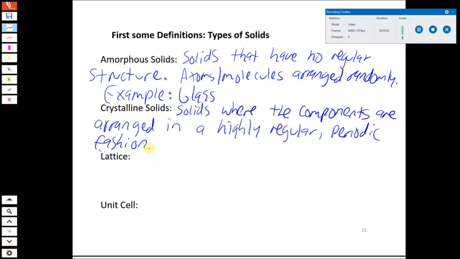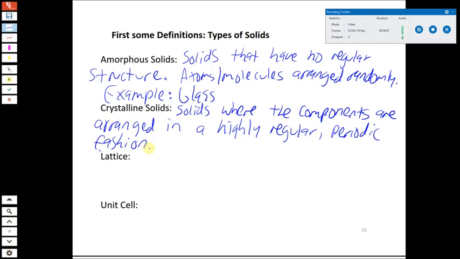So we'll talk about, for example, the structure of ionic compounds later on. And if you have sodium chloride, you're going to have, in all directions, sodium chloride, sodium chloride, sodium chloride, all directions lined up in that way. So you have these sort of regular repeating units that occur over and over again in this crystalline solid that are, as you go in every direction, a very predictable arrangement of all the components, a very regular arrangement that you can define very easily.